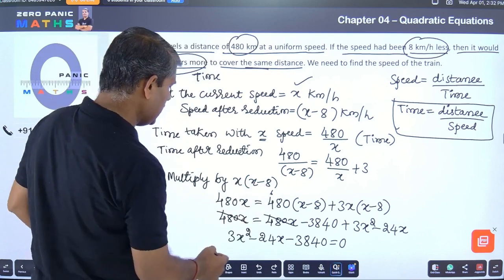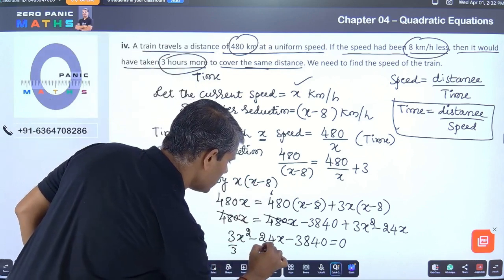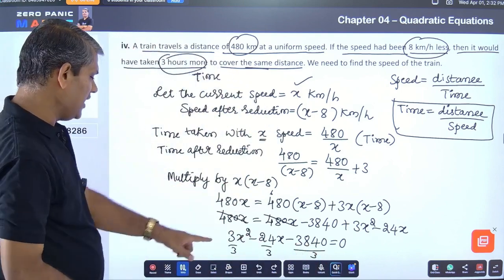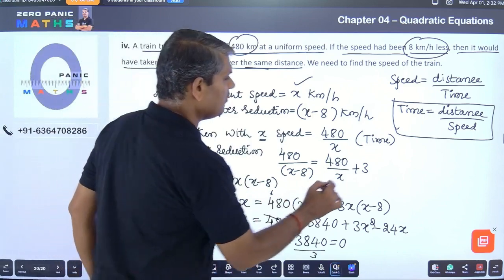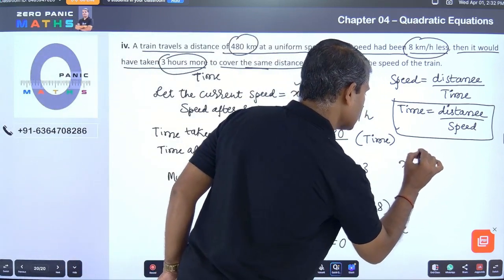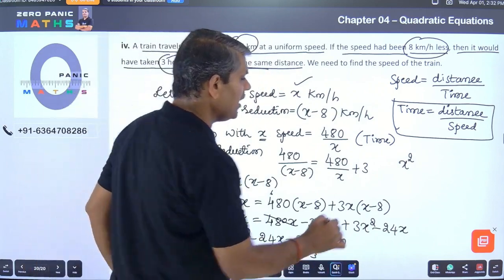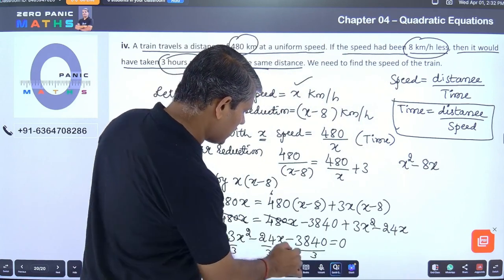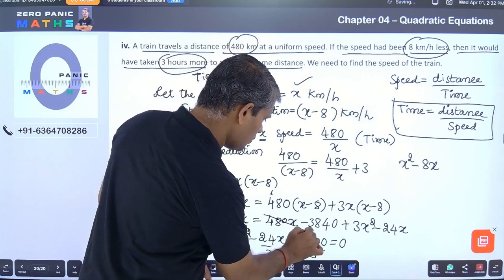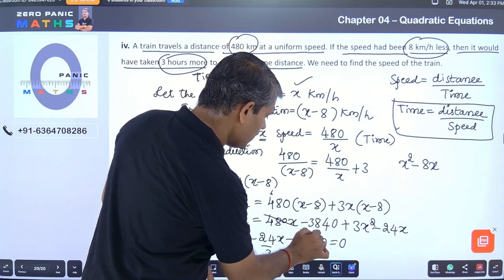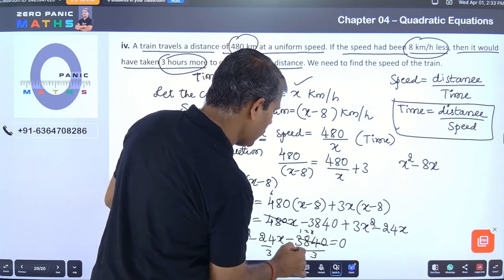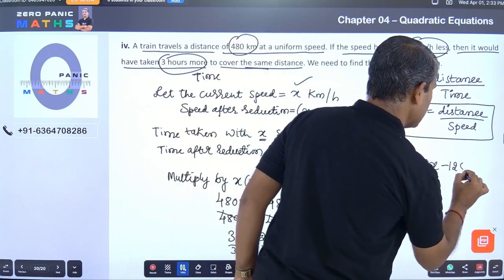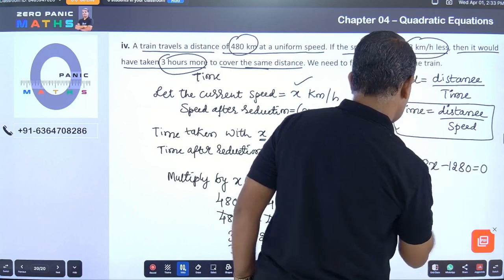Dividing by 3 gives the x square term as x square, and 3 8s are 24, so it is minus 8x, and 3 2s are 6 and 2 remains, so it is minus 1280 equal to 0.